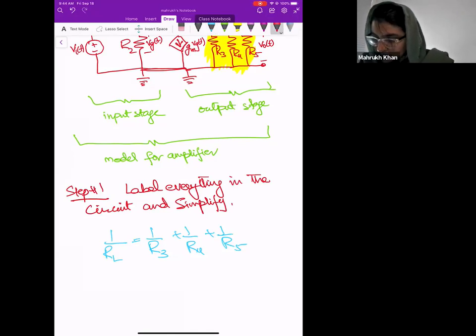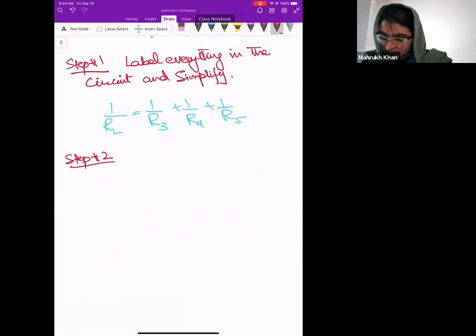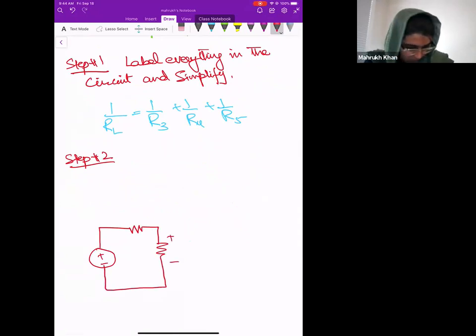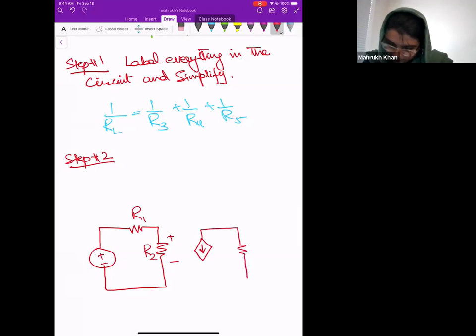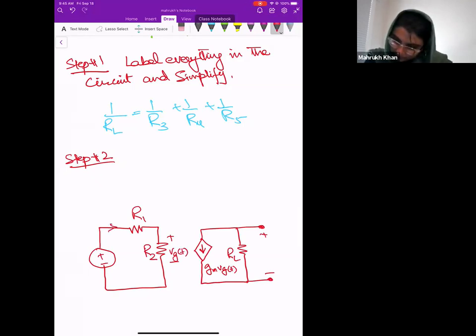So step number 2 will be, first I need to simplify the circuit. So I will do it. Okay.